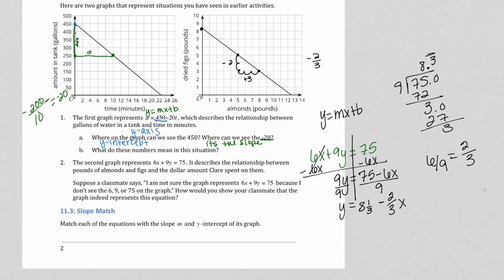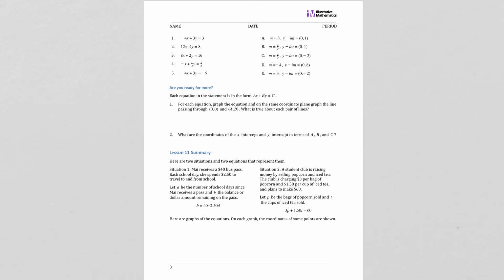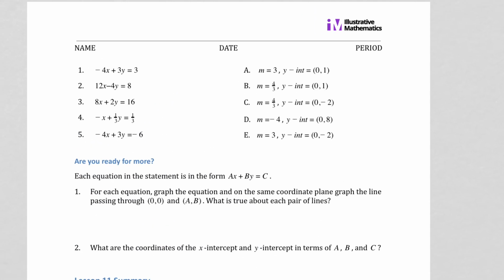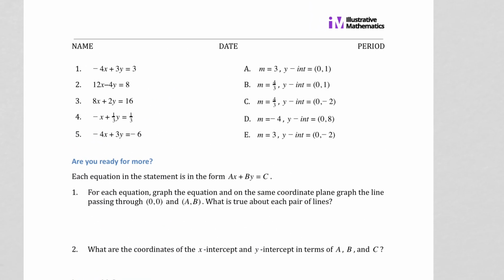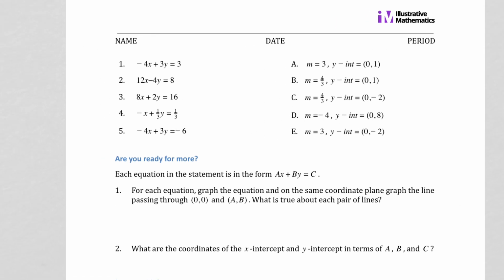All right, last part, I believe. Slope match. We're going to match each of the equations with the slope and y-intercept of its graph. All of these you have to do work on.